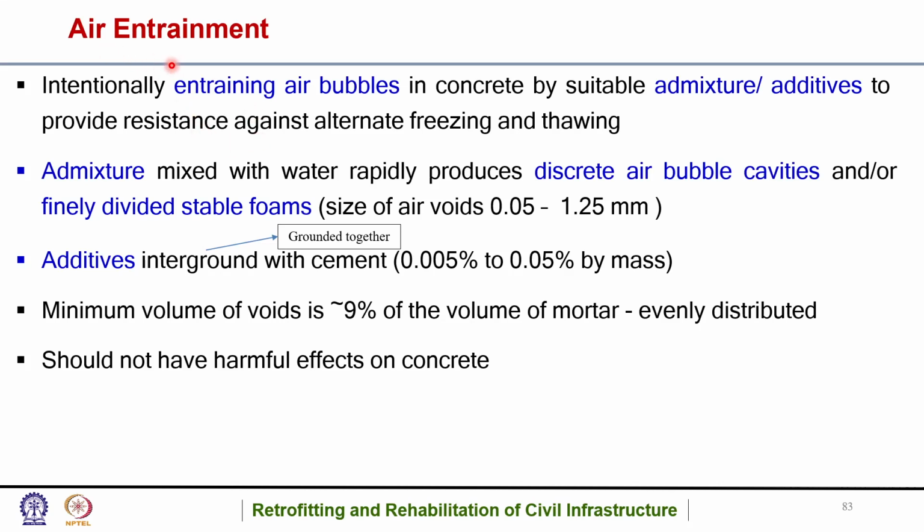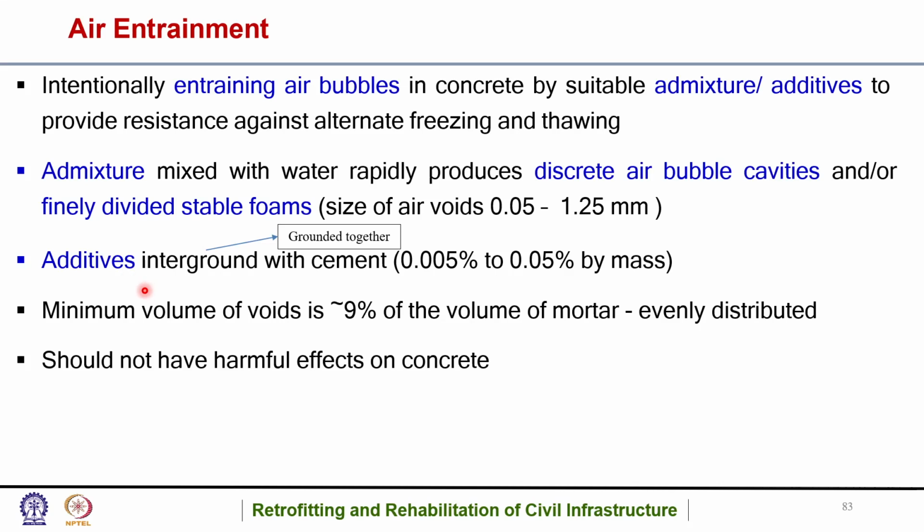What is the air entrainment process? It is intentionally entraining air or inducing air bubbles in concrete by suitable admixture or additives to provide resistance against alternate freezing and thawing. The admixture mixed with water rapidly produces discrete air bubble cavities and finely divided stable foams, with air void sizes of about 0.05 to 1.25 mm.